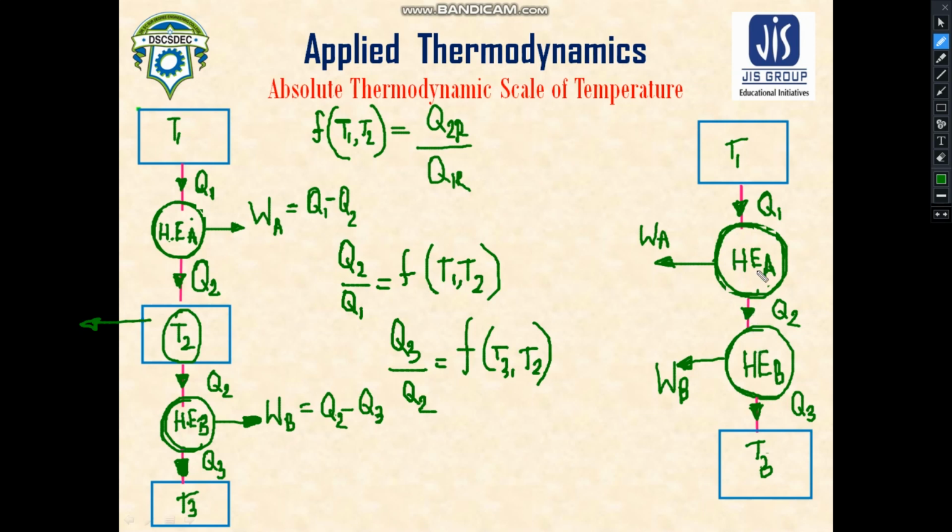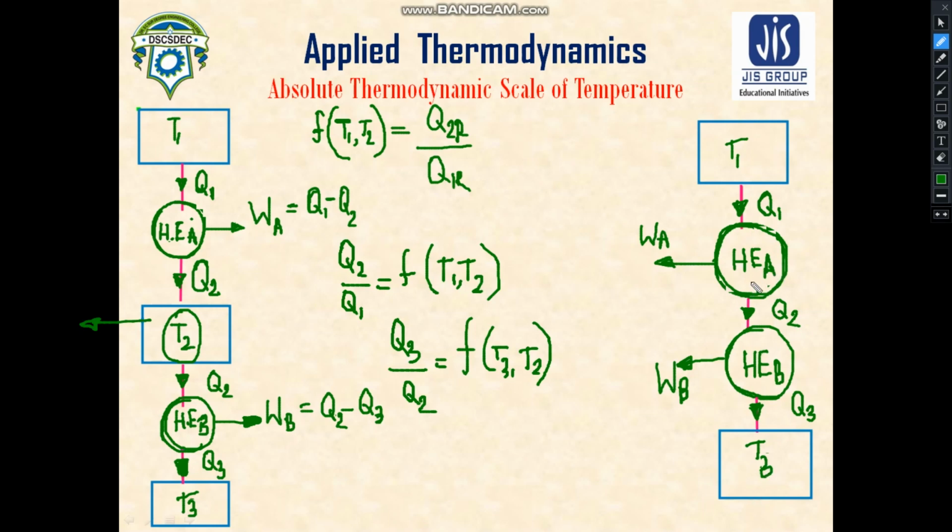Okay, so these two heat engines are now in parallel. Heat engine A has its source at temperature T1, which is obviously a constant temperature, and it will have its sink at temperature T3.